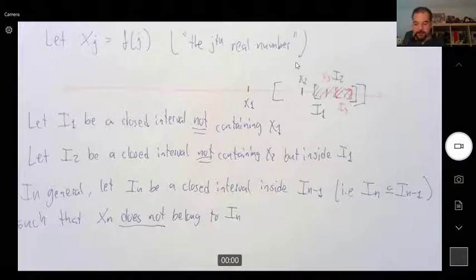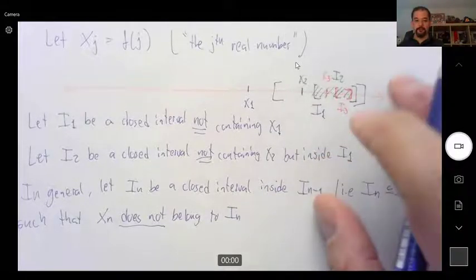Okay. And then why are we doing this? You may be wondering. Well, if this hasn't rung a bell yet, it should. I mean, we want to use the nested interval property. Remember that one? We proved that as a consequence of the axiom of completeness. We said that if we have a sequence of closed intervals, then their intersection is non-empty.